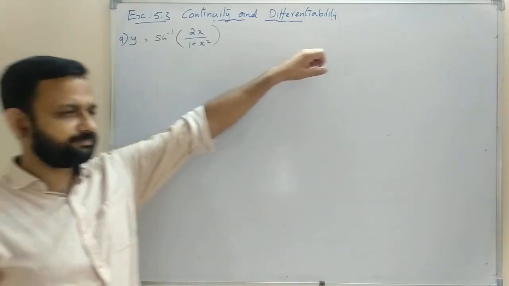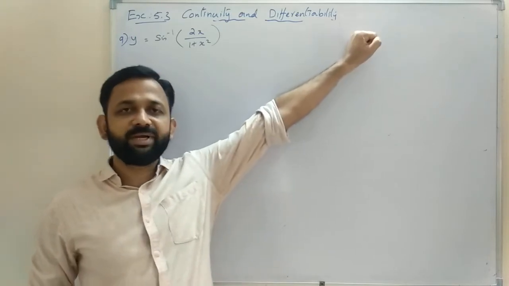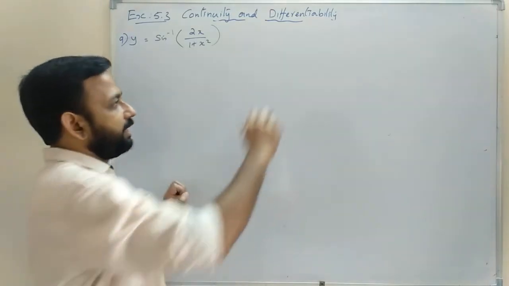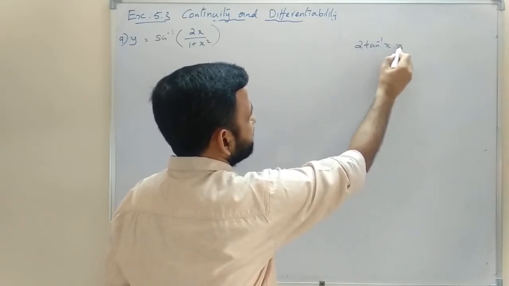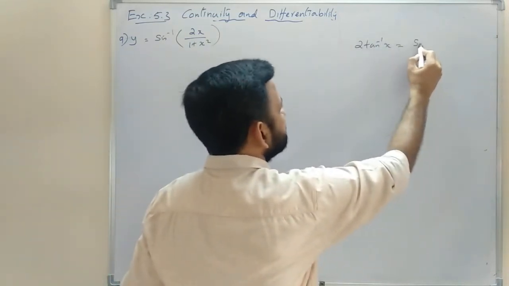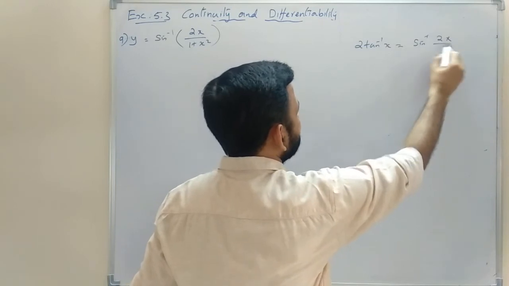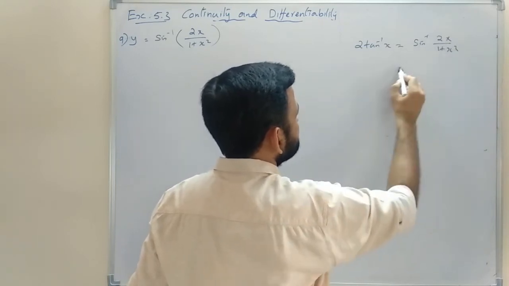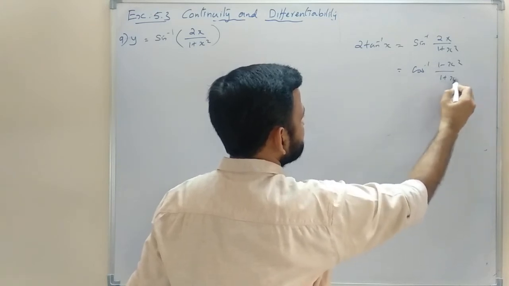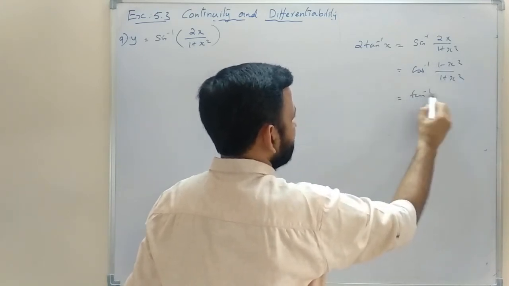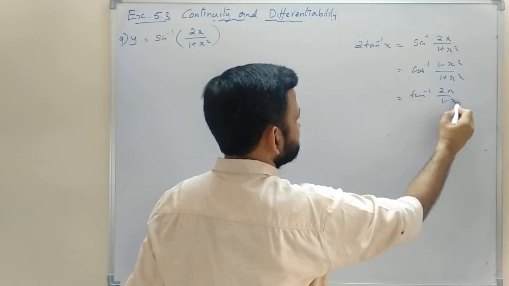In inverse trigonometry functions, we learned some formula. 2 tan inverse x is equal to sin inverse 2x upon 1 plus x square, cos inverse 1 minus x square upon 1 plus x square, tan inverse 2x upon 1 minus x square.